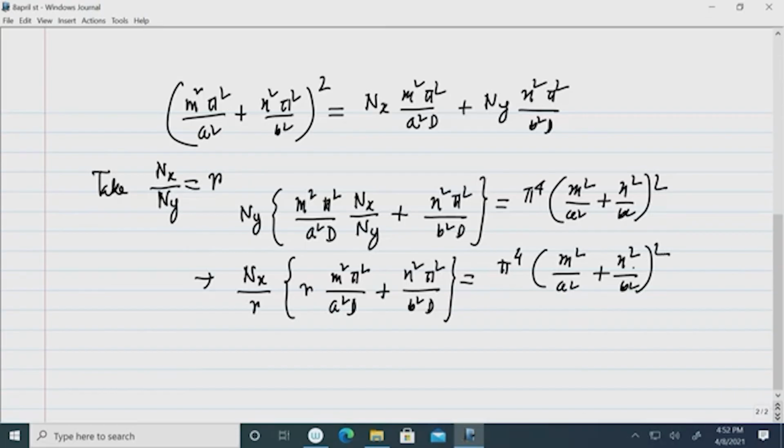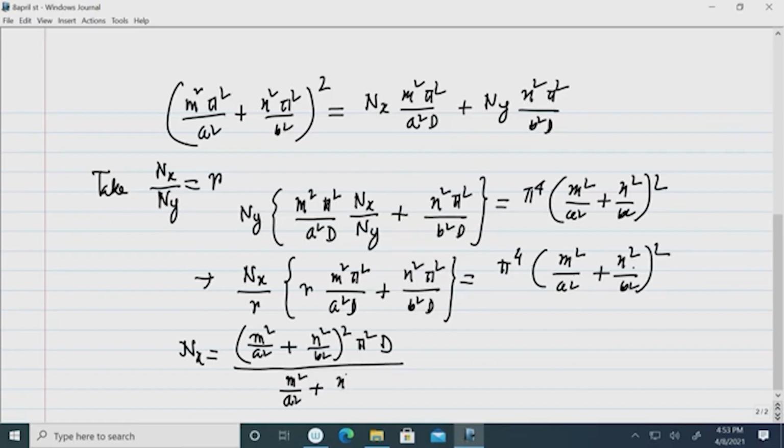Okay. Now, our target is to find N_x. So, from that equation N_x is found as, after simplification you can see, (m² / a² + n² / b²) whole thing square π² D will be here, and then in the denominator it will be m² / a² plus n² / (R b²).